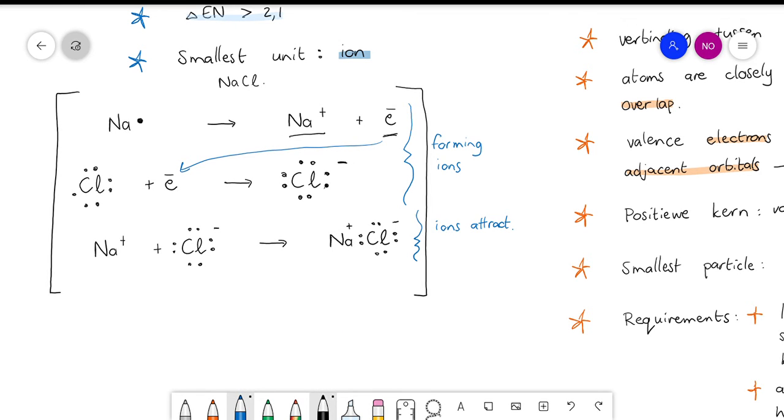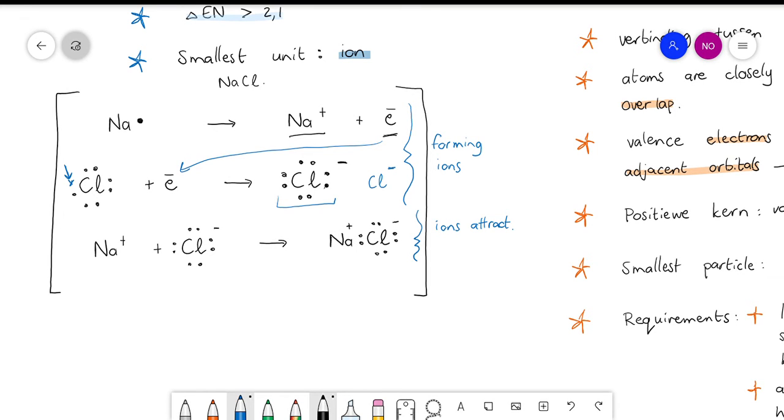Want dan het ek 'n chloor en hy het hierso 'n plekkie vir nog 'n elektron. So this electron will go and sit there, and it forms this chlorine ion. Hoe weet ons dis 'n ion? Want onthou chloor het nou meer elektrone as wat hy protone in sy kern het, because it gained that one electron.